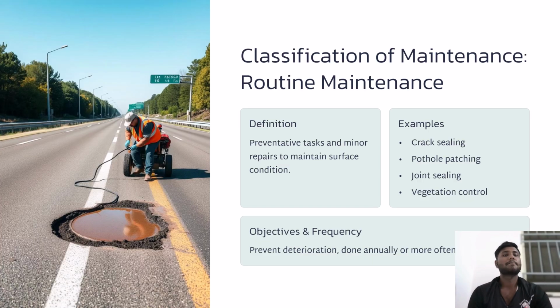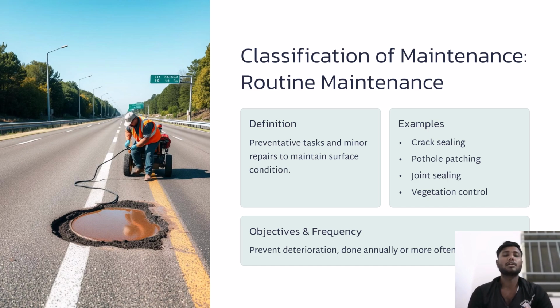Next one is classification of maintenance, starting with routine maintenance. So how can we resolve this problem of pavement distress? Routine maintenance involves preventive tasks and minor repairs to maintain surface condition.